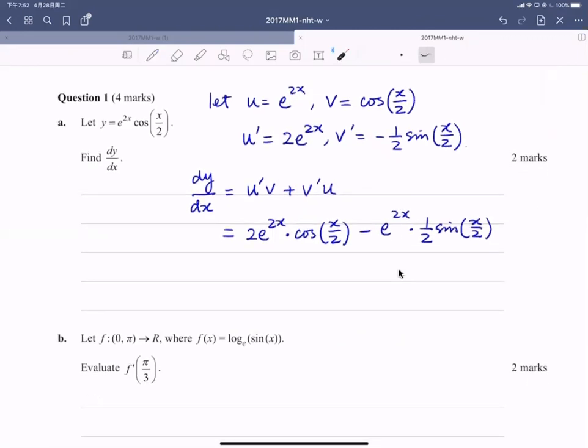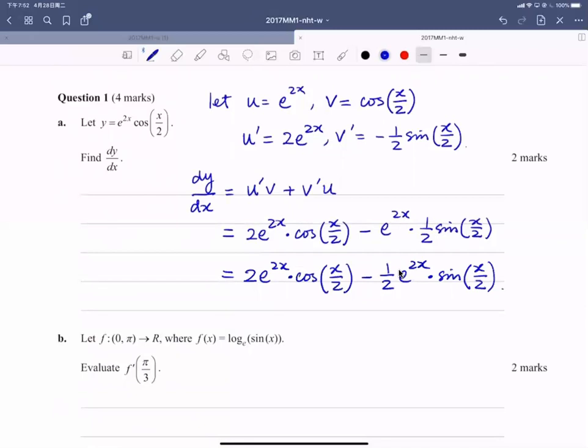Let me tidy it up: 2e^(2x) cosine half x minus half e^(2x) times sine half x. Okay? All right, good. Let's move on.